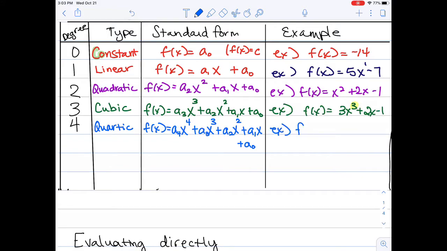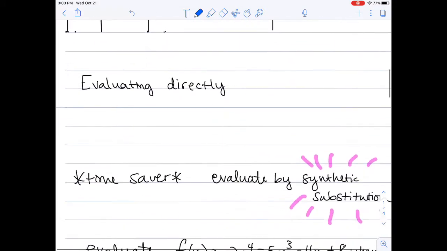And this example could be anything with x to the 4th as your highest term, and anything could be behind it, and it could have missing terms even, but as long as your x to the 4th is the highest, we call that quartic, okay?